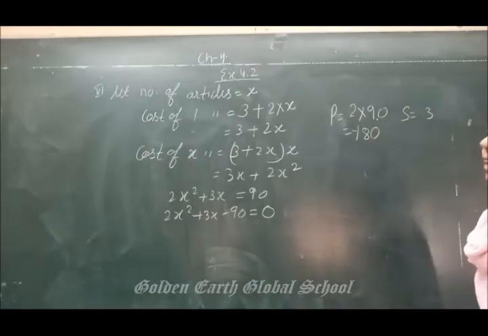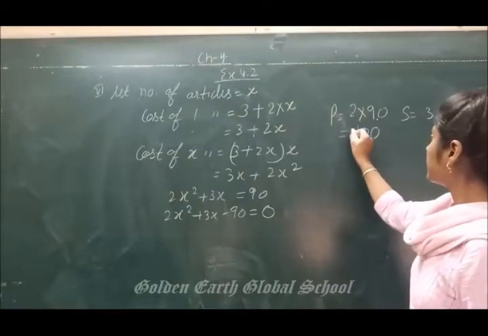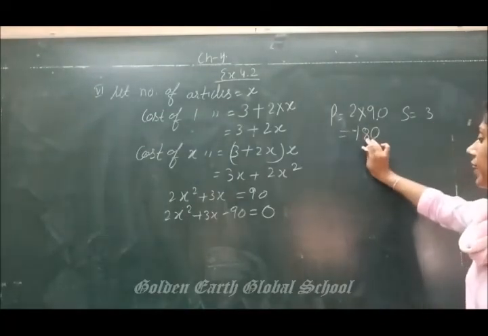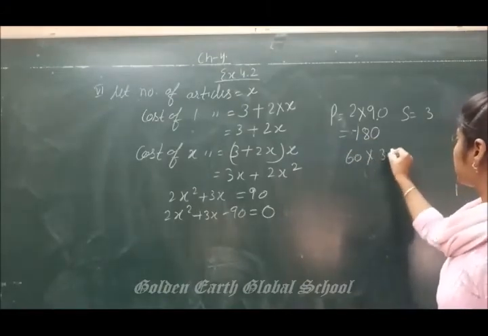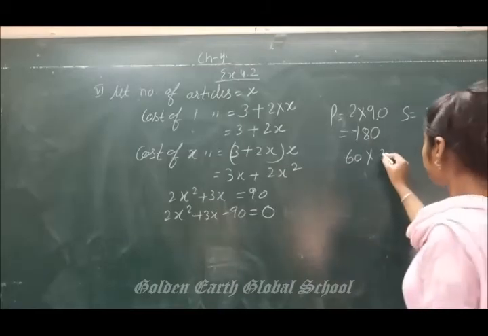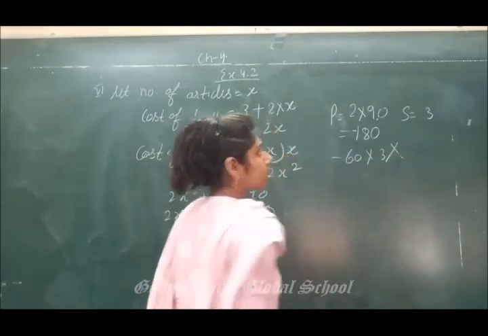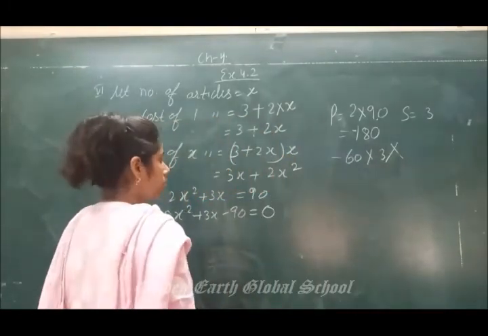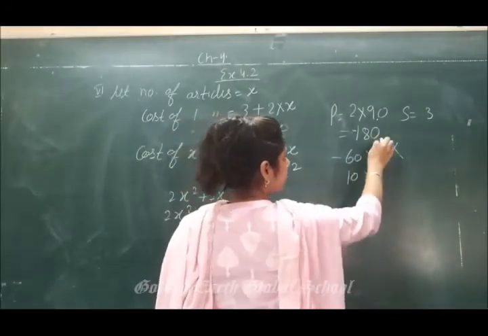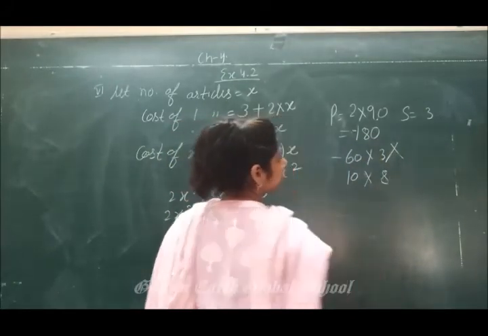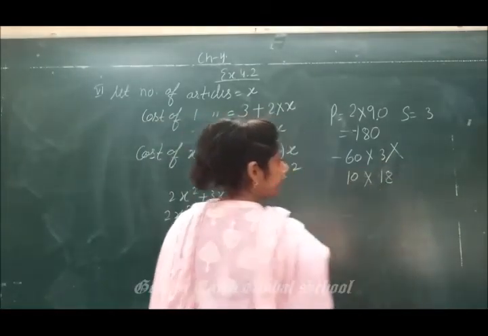There is a negative sign. So how will you factorize it? Firstly, 180. It can be written as 60 into 3. But the subtraction is not 3. So what is the other way to write it? 18 into 10.